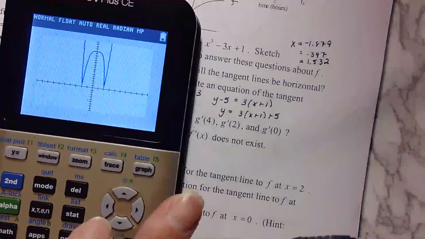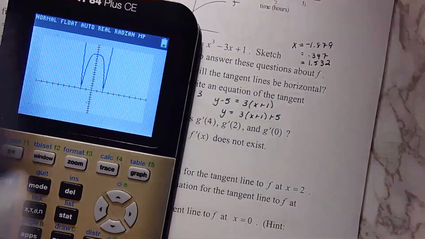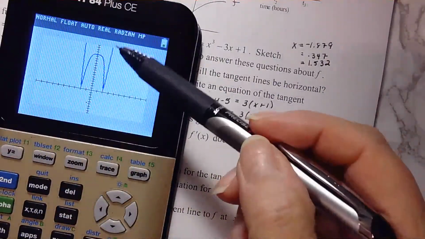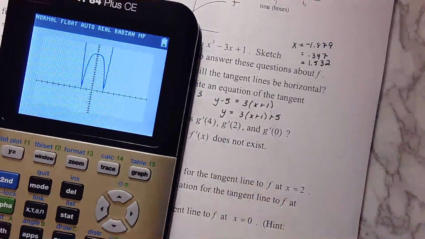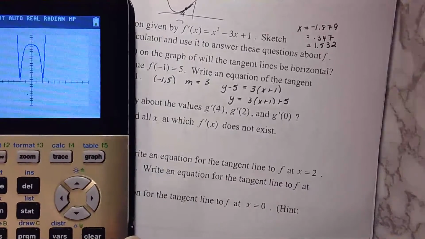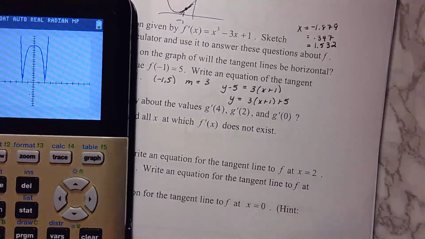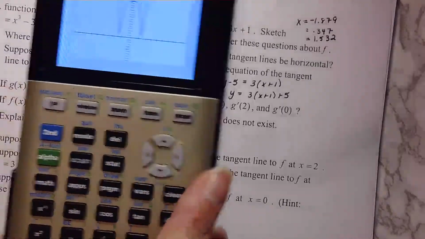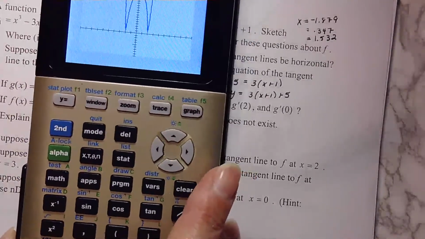So in part A, it says, what can you say about g prime of 4? Well, again, this is pretty steep. I would have probably said that it's undefined or that it doesn't exist. However, right, if you do second, oh, wait, you can't see the calculator here. Sorry, it's going backwards.